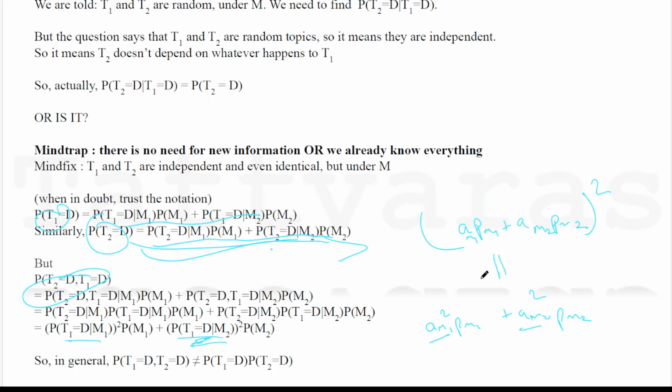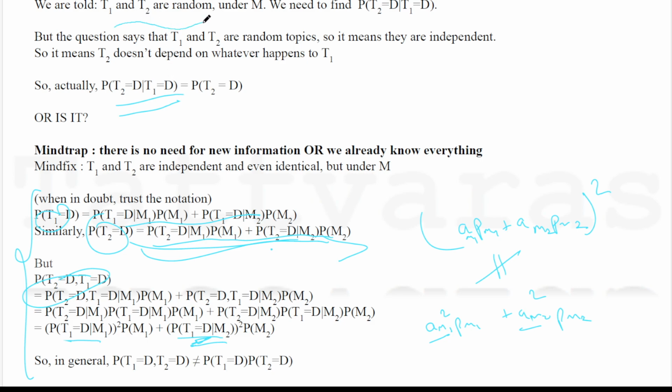So these two things are in general not equal, and you can do a little bit more expansion from your end, take everything on one side, and see when they are exactly equal. But in general we can see they are not equal, and looking at the notation helps us get the conviction that yes, they have some dependence.